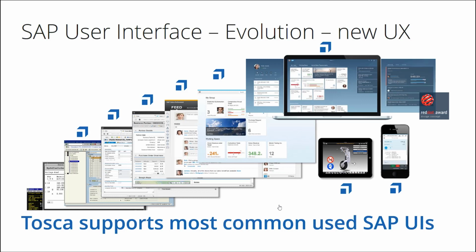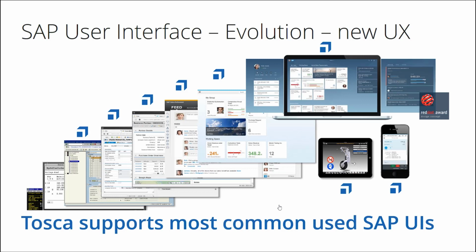And here you see that Tosca supports all of them. Today during the session we will speak about the user interface called SAP Fiori. It doesn't matter if you are using different SAP systems and accessing them over SAP Fiori. My answer is yes, Tosca can automate all your SAP systems, no matter which one is running in the background.